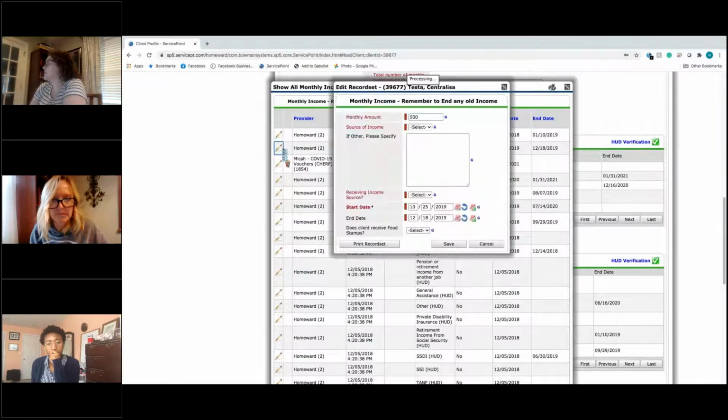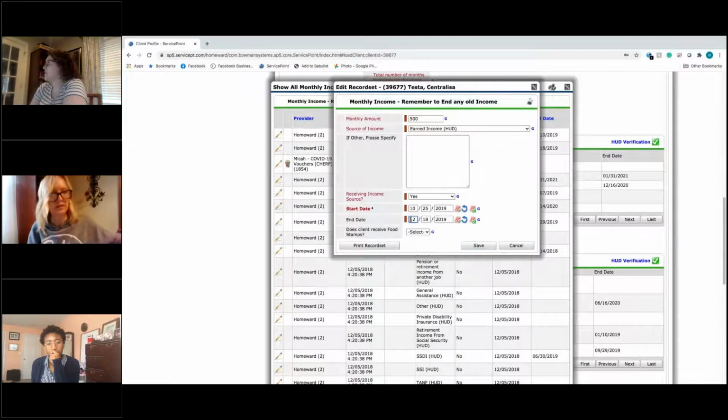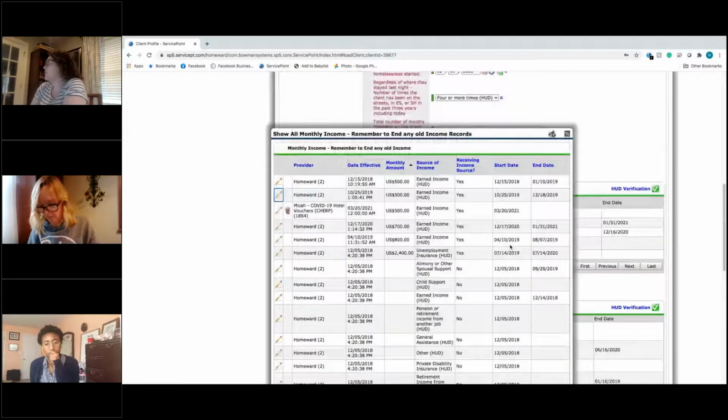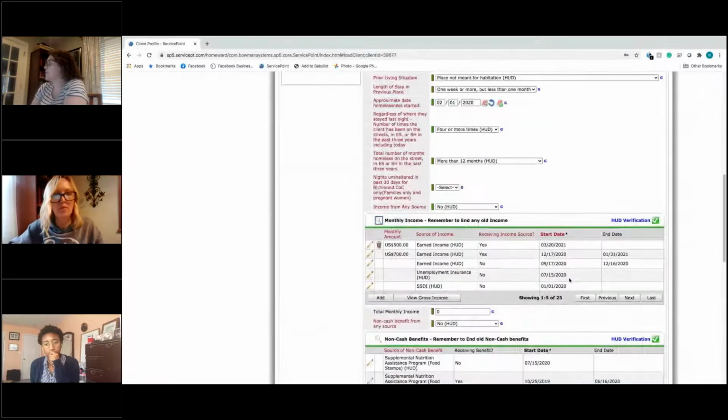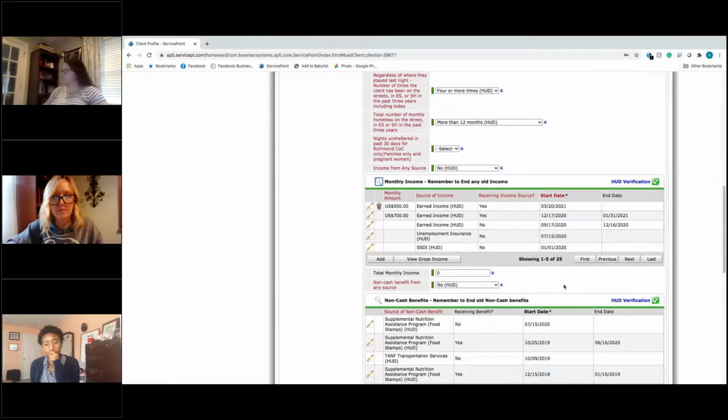But you would change the one that you want to change. Always set it for the day before you're setting the new one. And then you're able to actually go forward with changing it to the other one. This will change back to a caution sign letting you know that you no longer have every question answered and you need to answer the question.